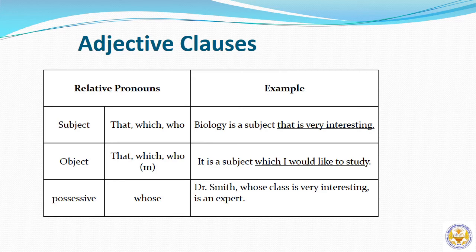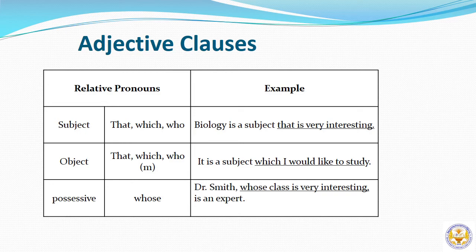So that is very interesting here is an adjective clause or relative clause that modifies the noun subject. It is a subject which I would like to study. Which I would like to study here is the adjective clause or relative clause that modifies the noun subject. But the relative pronoun which here is an object in the adjective clause.